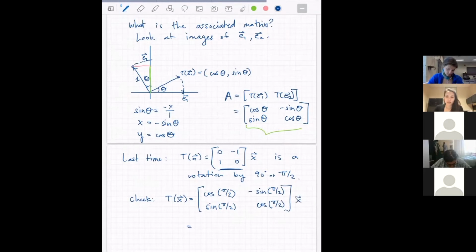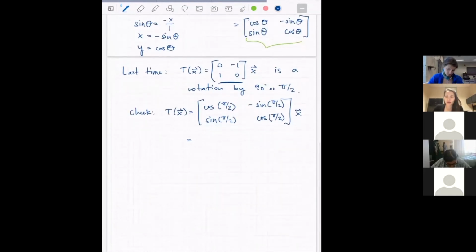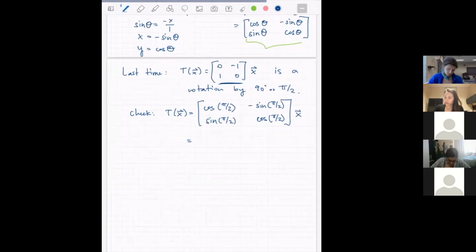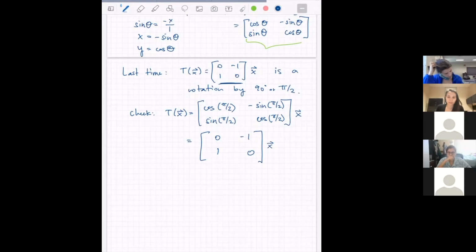And if we evaluate each of these, cosine of pi over 2 is 0, so we will get zeros there and there. And then sine of pi over 2 is 1, so we'll get 1 and minus 1. And that is exactly what we had before. Okay, so this does work.